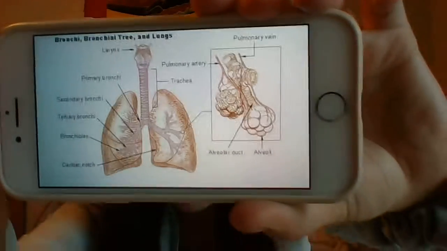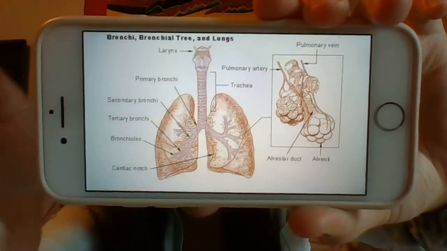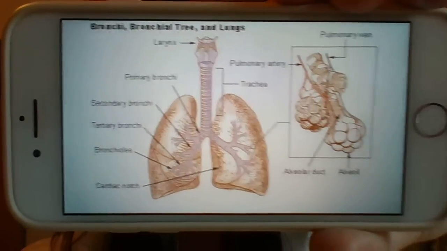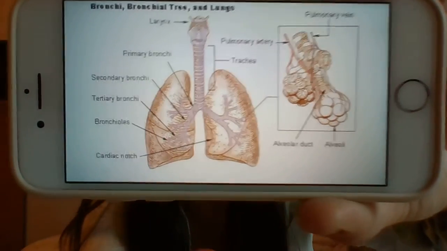Air moves in through the mouth to the larynx, down the trachea to the bronchioles, and we get to the alveoli here. That is where gas exchange happens. That's where the O2 and CO2, oxygen and carbon dioxide, are exchanged between the lungs and the blood. So that's a quick insight into what gas exchange is.